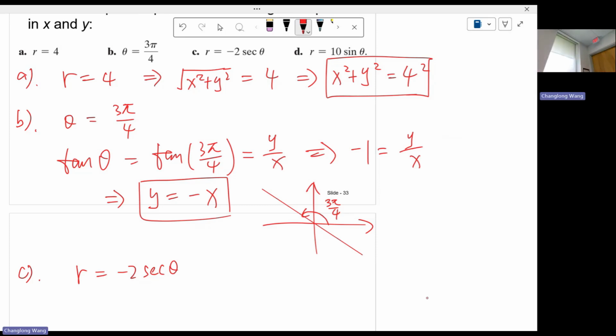We don't want to have r and theta. And we know that r and theta are depending on x and y. I can replace the r with, let's say, radical x squared plus y squared. But what am I going to do with the secant theta?